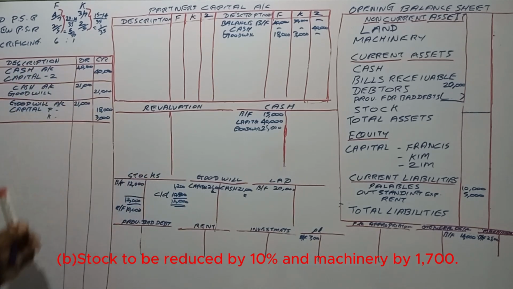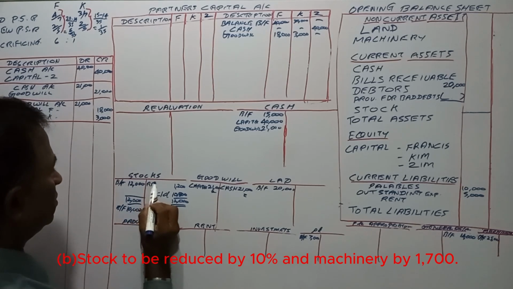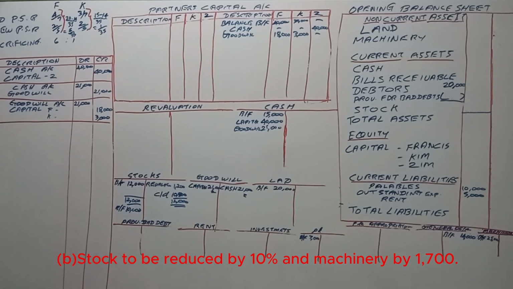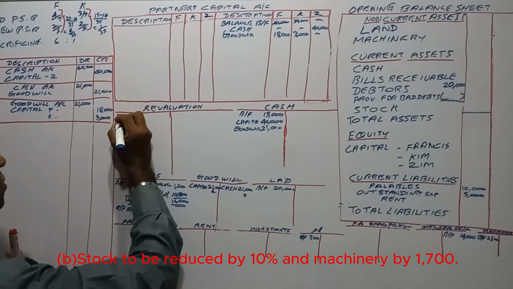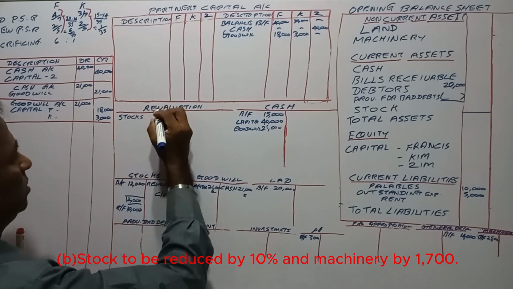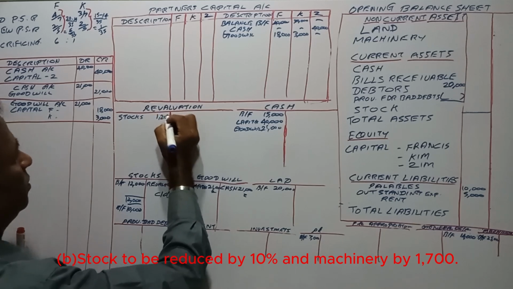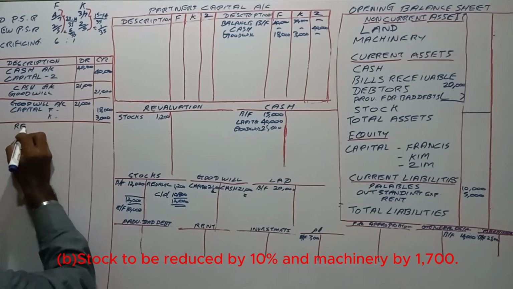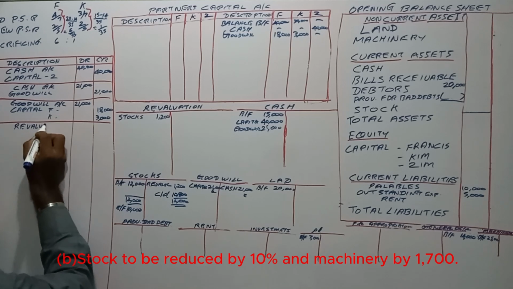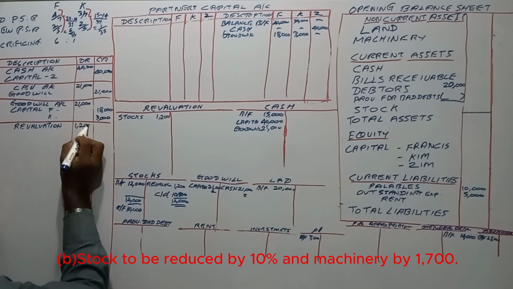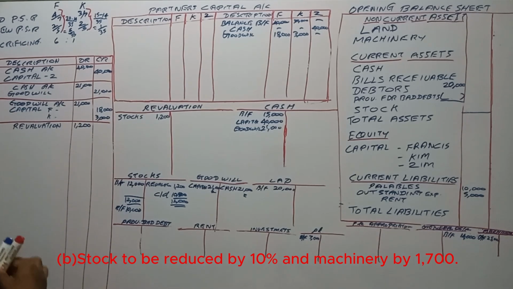This should go to the revaluation account. So revaluation account debit 1,200 and credit to the stocks.